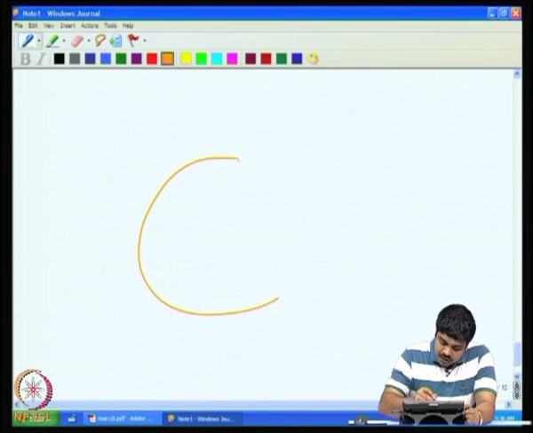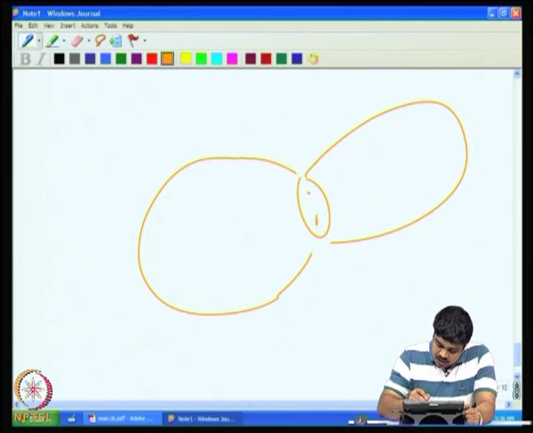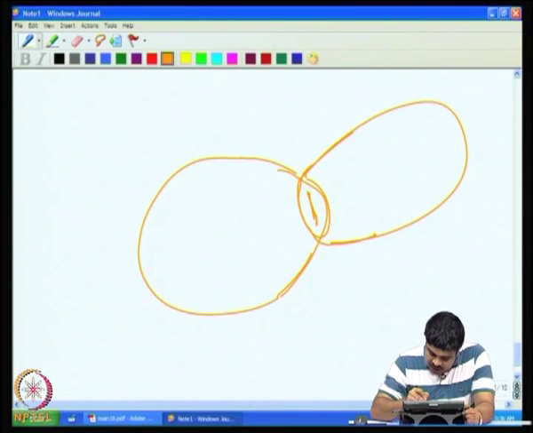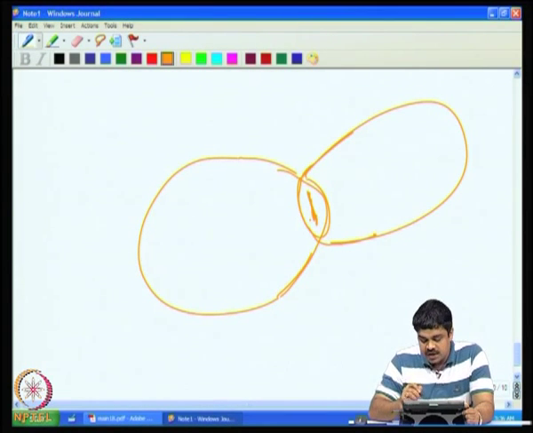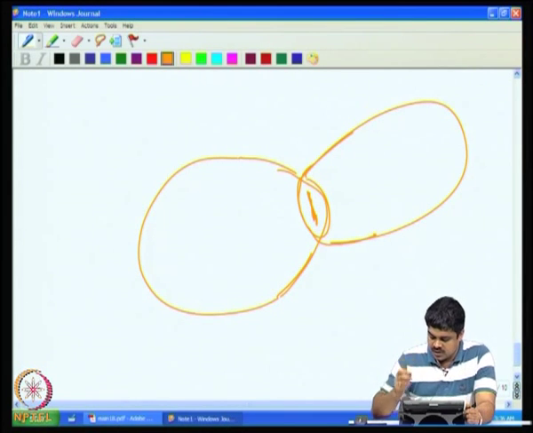Similarly, if the connectivity was 2, then this portion or this portion, even with the addition of this edge, cannot contain K33 or K5 as a minor, because if that minor is there in one of them, it should have existed in the bigger graph also. That is the reason.